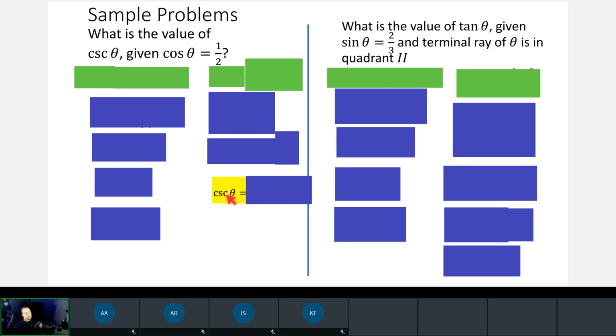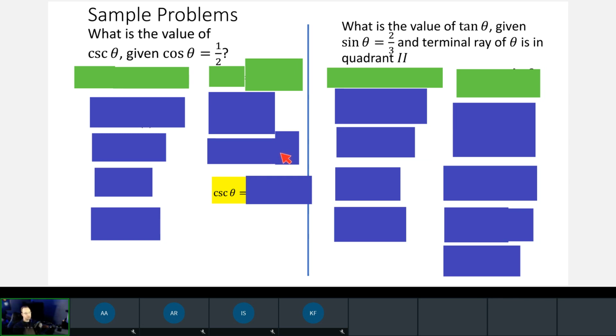One of the identities says cosine is 1 over secant, which doesn't really help us because we want cosecant, not secant. So that quick conversion doesn't work. We have to use maybe two or more identities to change things around. So I like looking at the very end, where we're trying to go, and backtracking to see how we can get there.